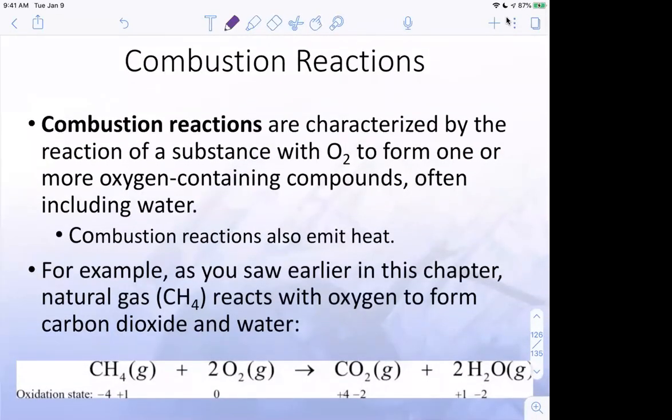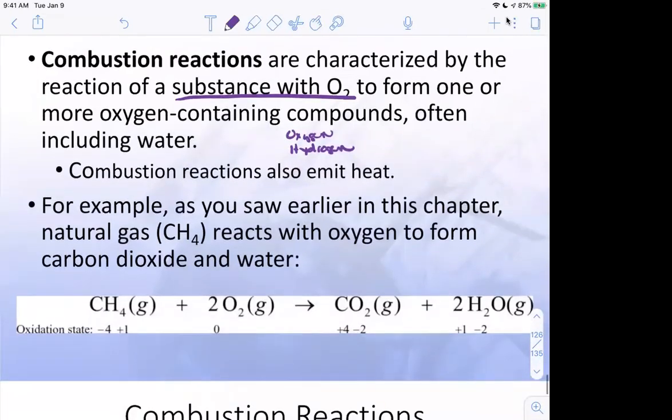Combustion reactions are characterized by the reaction of a substance with O2 to form one or more oxygen-containing compounds, and they often include water. Here, I want to track my changes in oxygen and my changes in hydrogen like we talked about before.